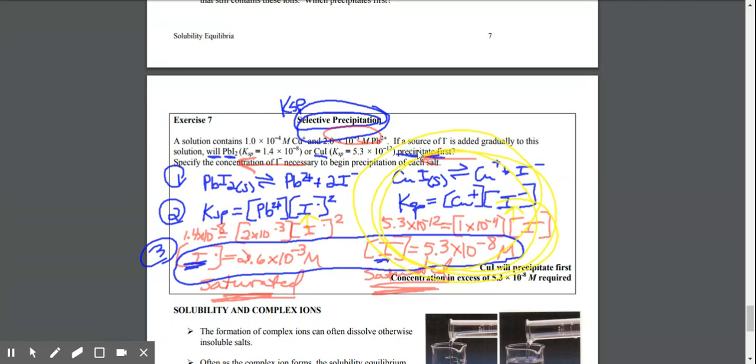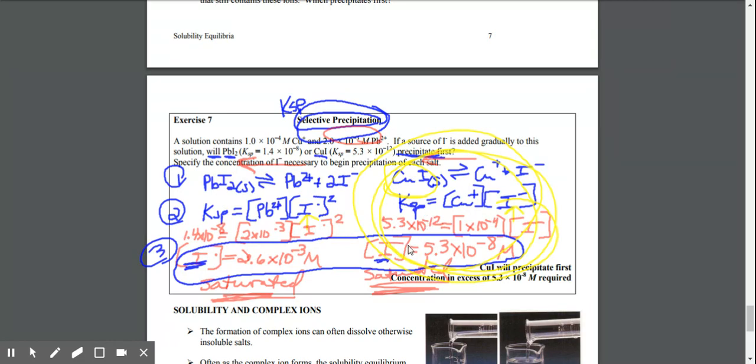So when they ask what will precipitate first, step 1, write my reactions for both. Step 2, write my Ksp expressions for both. Step 3, solve for what is common between these two and compare those values. The smaller value is going to be the stuff that precipitates first because I have to add less of it to get it to be saturated.